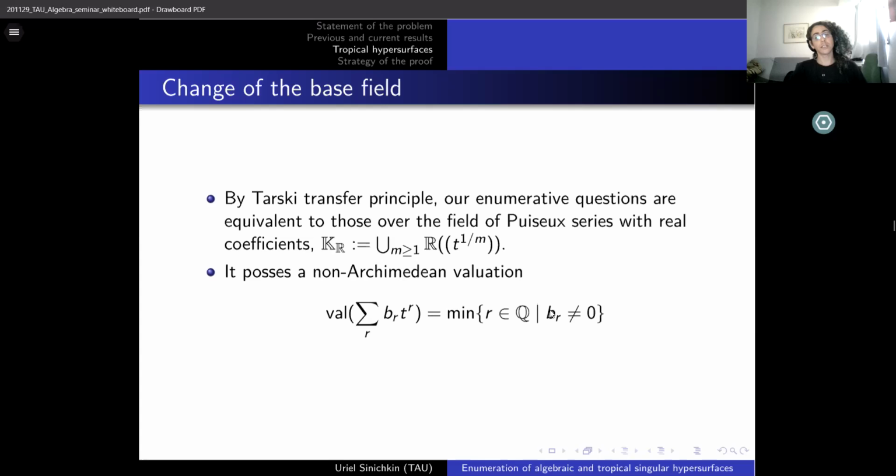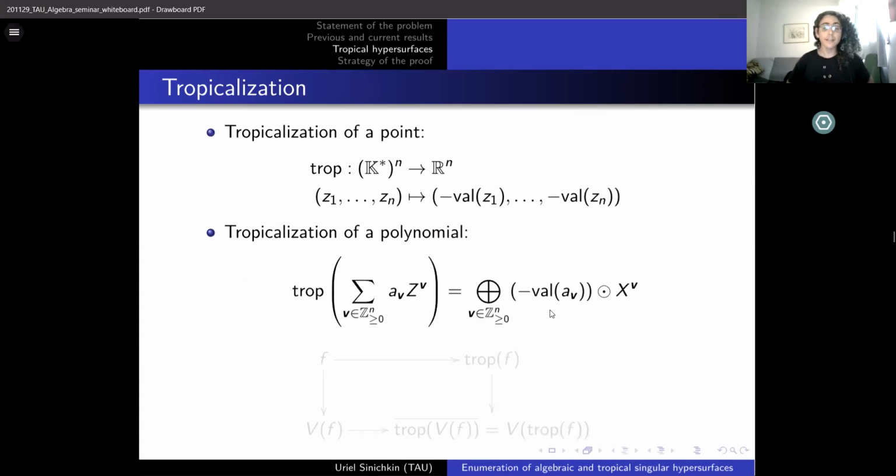Puiseux series has the non-Archimedean valuation, which gives the lowest exponent with non-vanishing coefficient. Great. So now we can apply the theory of tropicalization, the theory that connects the algebraic case with the tropical case.